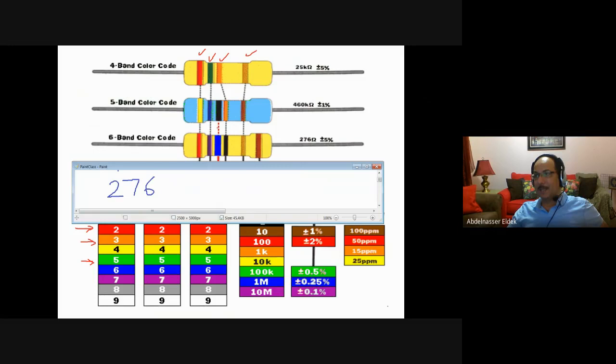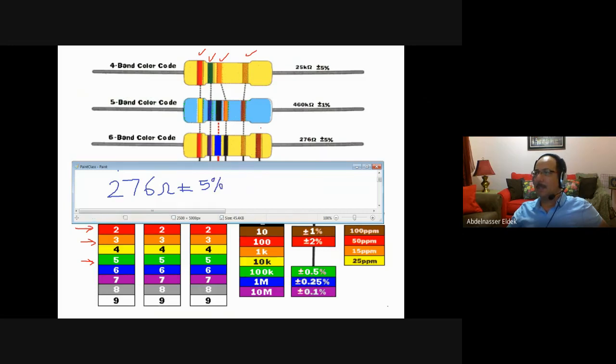So it is exactly the same as the 5-band color. The fourth color is a multiplier. Black is 0, which means that you don't have any zeros. So it's just 276 ohm. And here, the error is gold, so it is plus or minus 5%.